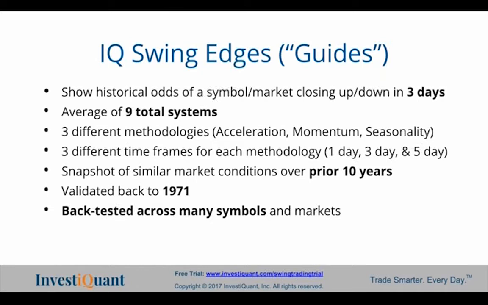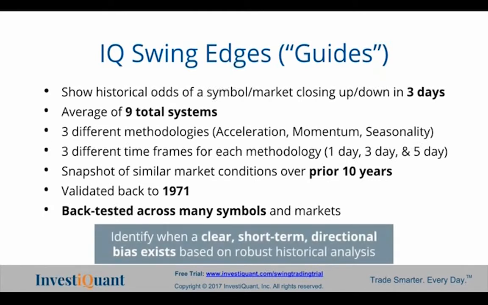We'll show the potential win rates and profit factors over the next 1 to 3 days for anything that we publish odds on. There are about 250 to 300 securities that we currently publish odds on: I think it's 58 ETFs, several futures, and then all the biggest stocks in the S&P and NASDAQ 100 that have enough history.